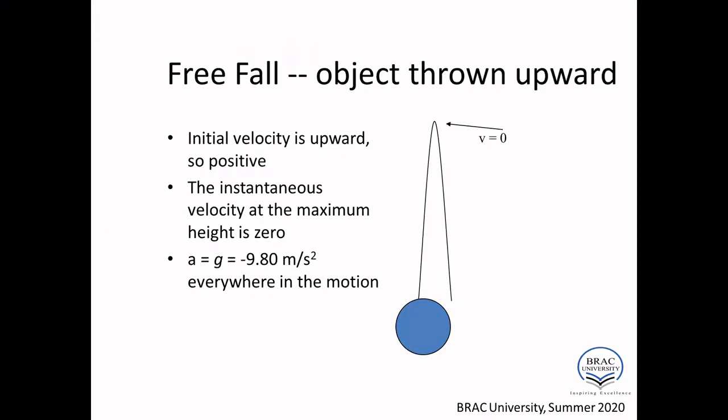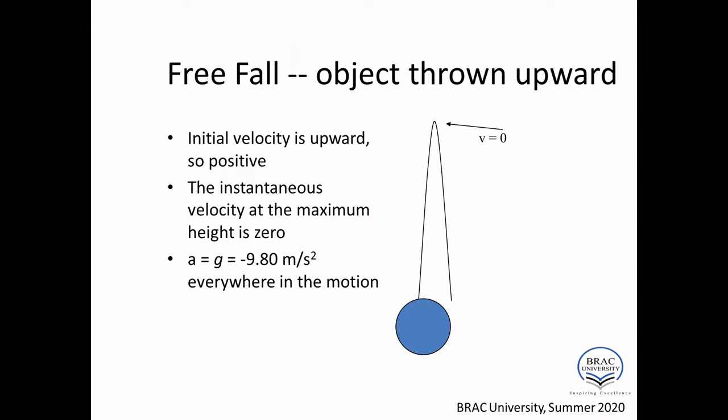And in this figure, mainly a free fall object thrown upward. This is vertically upward, not making a particular angle. In this case, the initial velocity is upward, so the initial velocity is positive. At the highest point, the velocity is zero.